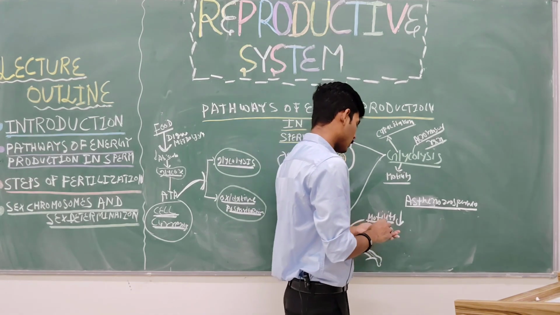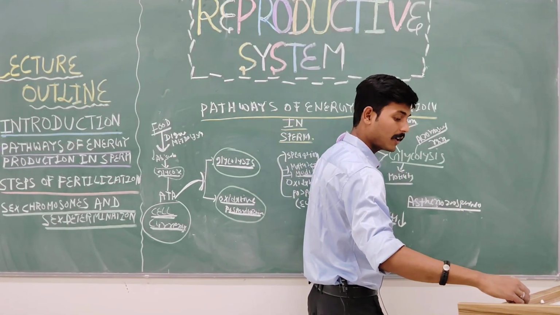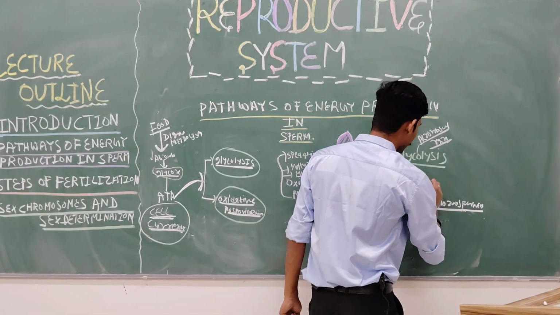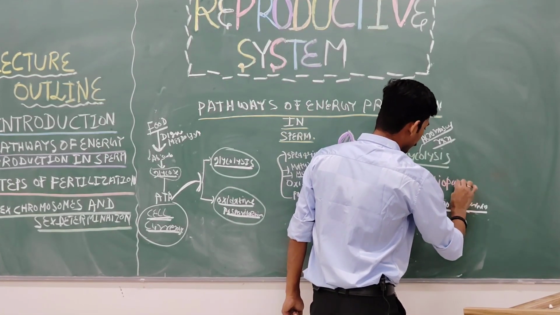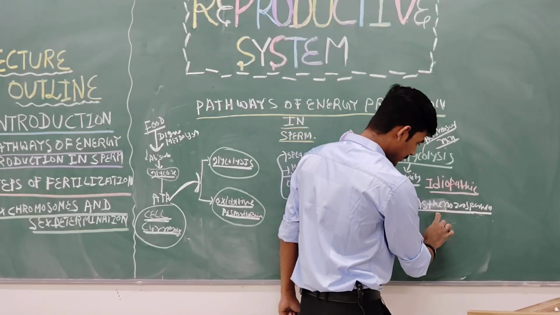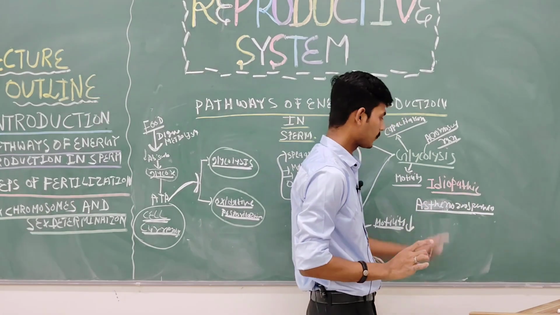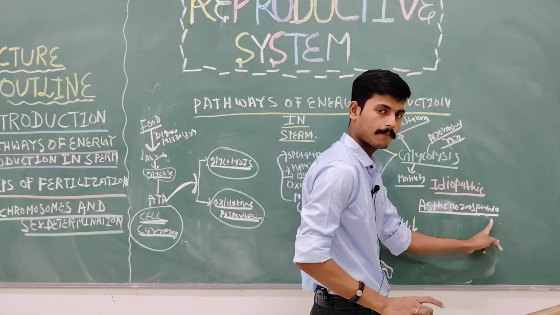of sperm. Now, there is one specific type where the cause is unknown, that is referred to as idiopathic asthenozoospermia. Once again, idiopathic asthenozoospermia.